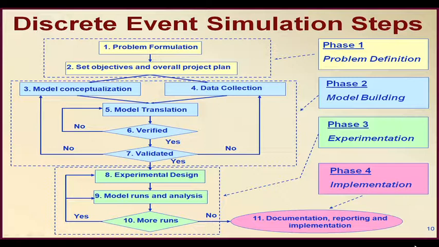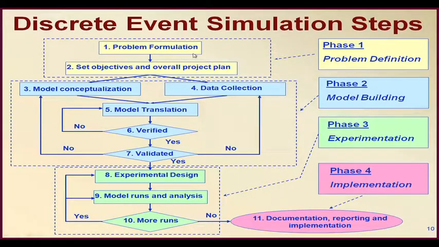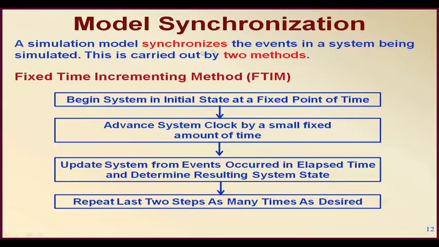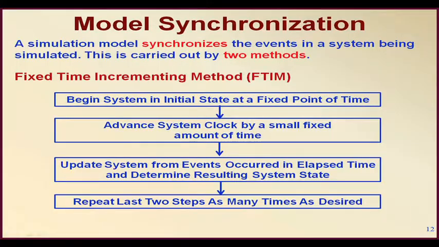Now, apart from conceptualization and things like that, when it comes to actual experimentation, there are basically two broad synchronization methods which must be understood. One is called the fixed time incrementing method, or FTIM. The other is called the variable time incrementing method, or VTIM.